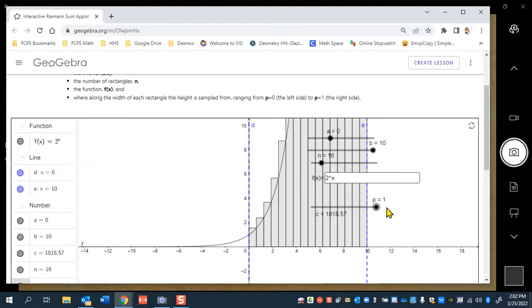All of our boxes were overestimates, weren't they? If we measure from the right, we end up doing what kind of estimate? We end up doing a little bit of an underestimate. If we measure from the middle, maybe that's a little bit more accurate, right?